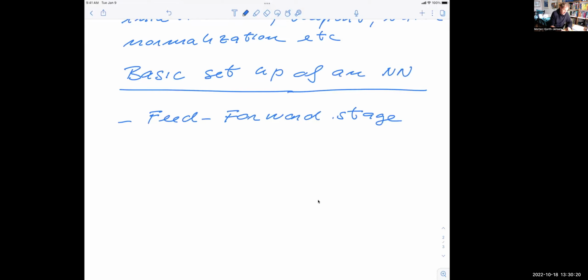We have the input layer, and we rewrite the input layer simply as this circle, and then we have a vector x, or it could be a matrix. We don't need to specify that now. So this is the input.